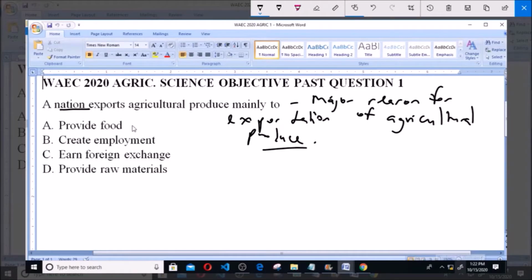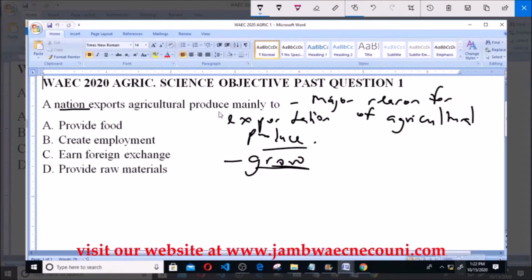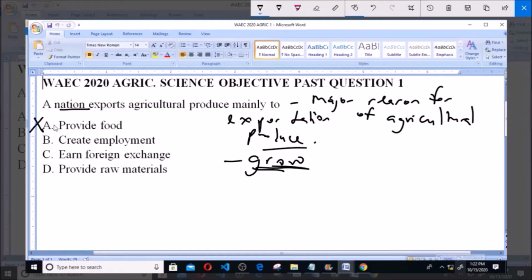Now option A says provide food. Well, provision of food is the main reason why a country will choose to grow agricultural produce. But in terms of exporting it, provision of food to whatever country they're exporting it to is not considered a major reason why a country will choose to export agricultural produce. So option A, provide food, is not the answer. Now option B says create employment.